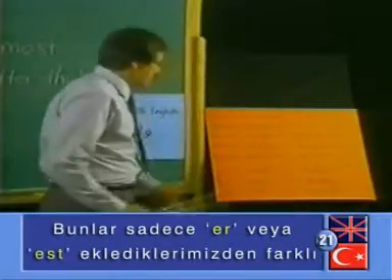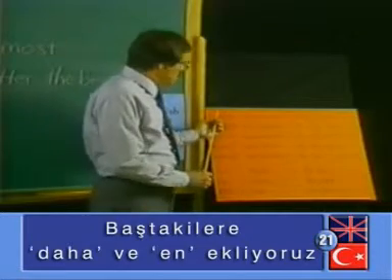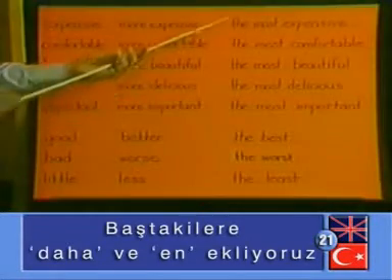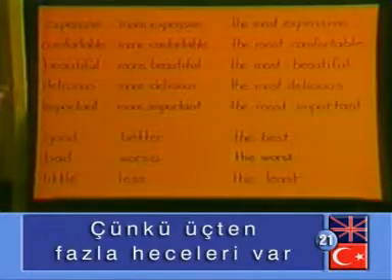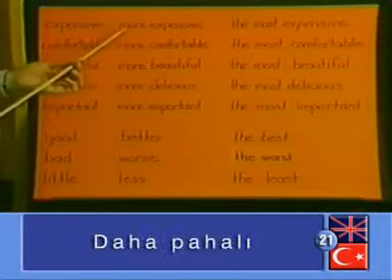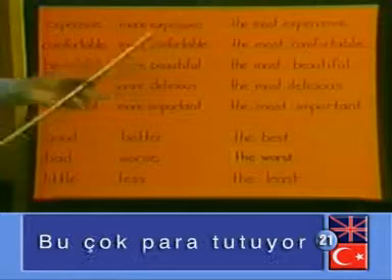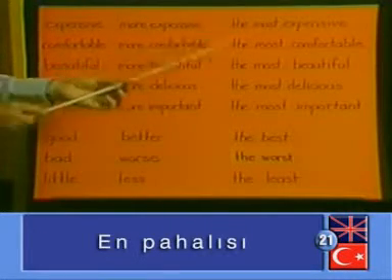These are the ones that are different than just adding ER or EST. First ones add more and most because they have more than 2 syllables. Are you ready? Repeat after me. Expensive, more expensive, the most expensive. This one costs a lot. It's the most expensive.